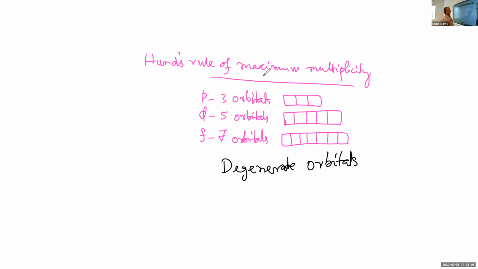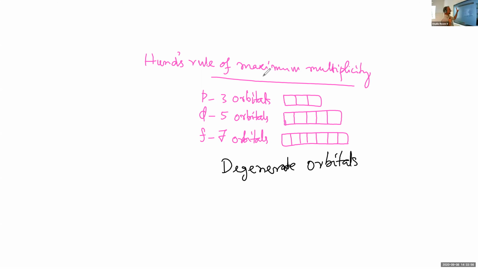Punya, do you hear me or not? Yes, sir. Come on. What are degenerate orbitals? P, d, f orbitals. Okay. See, the degenerate orbitals are the orbitals with the same energy. So the orbitals in a subshell will be degenerate orbitals.